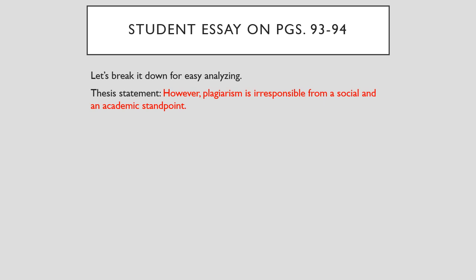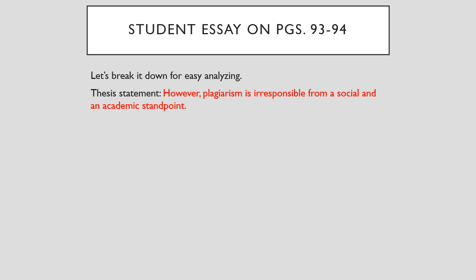One of the most frequent ways of cheating is to buy essays off the internet. Okay, so in this way, the writer specifically is talking about plagiarism, but also just being completely lazy, right? This may result in a good grade, and then the writer negates that by saying, however, plagiarism is irresponsible from a social and academic standpoint.